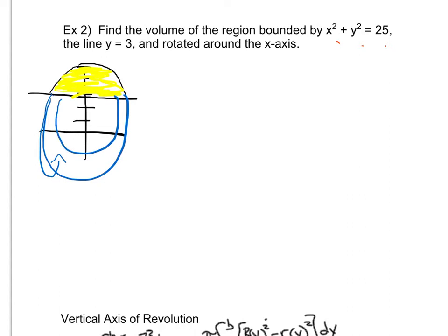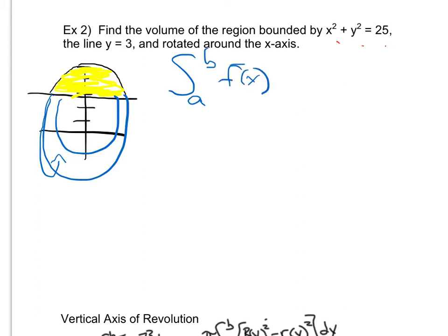So what am I going to do? First of all, I'm going to have to figure out where these two graphs intersect. And I'm also going to have to figure out what is my big radius and what is my small radius. So before I figure out where they intersect, I know that I'm going to be doing the integral from a to b of f of x.